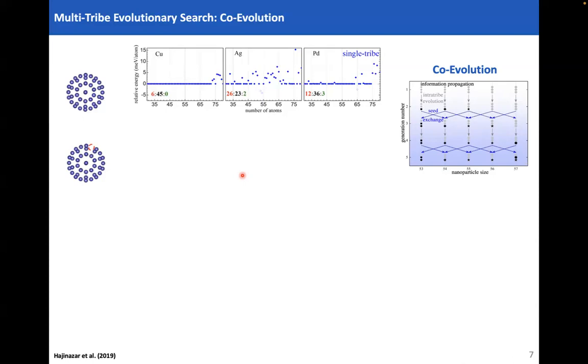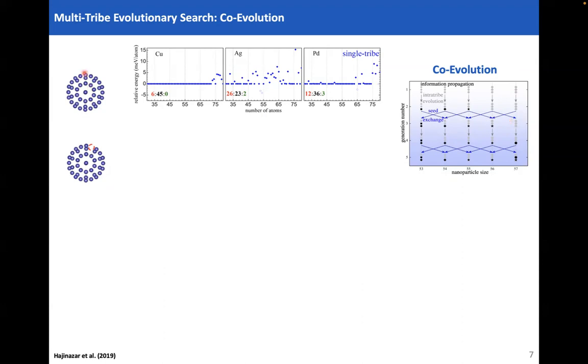In this multi-tribe scheme, instead of running independent searches, we just initiate a batch of searches which are similar in size or close in size. And then once in a while, we exchange the seed, meaning we just take the best structure from the nearby tribe or population and merge it into the current population, and then continue.